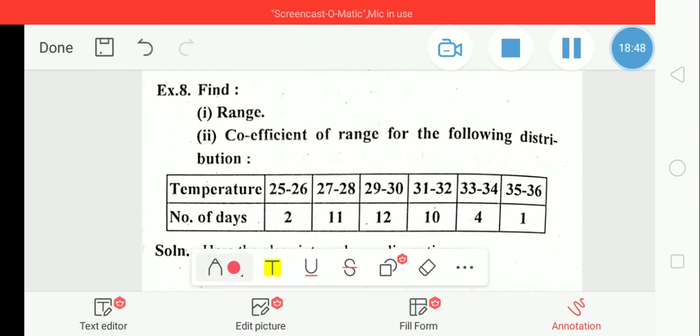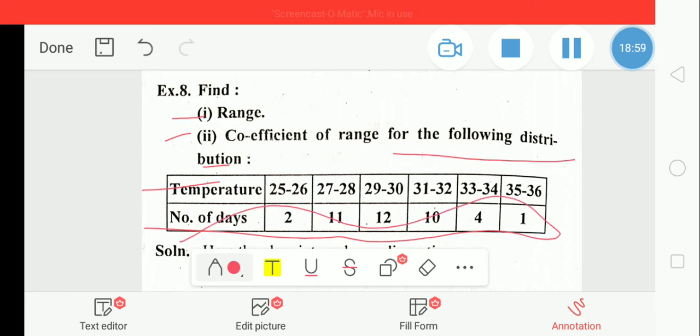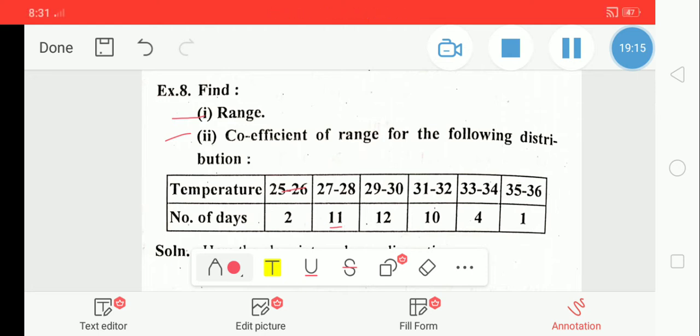Now find the range and coefficient of range for the following distribution. This is the distribution and this is the frequency, the number of days. For 2 days the temperature was 25 to 26, for 11 days 27 to 28, for 12 days 29 to 30, for 10 days 31 to 32, for 4 days 33 to 34, and for only 1 day 35 to 36.